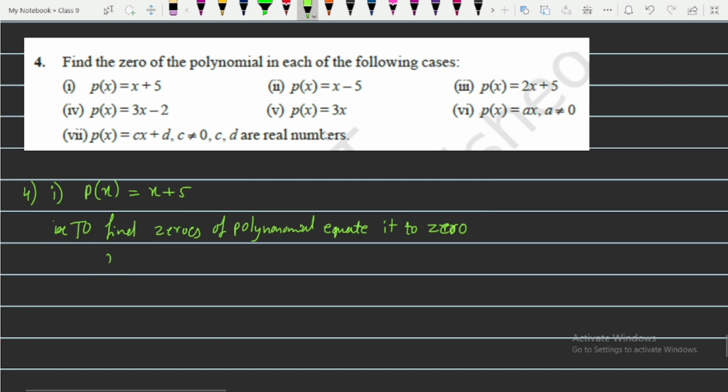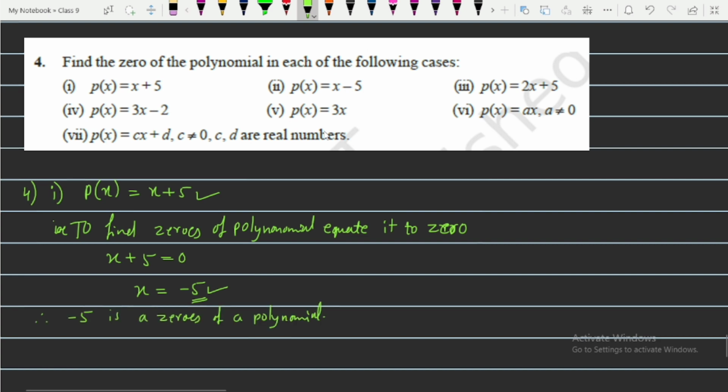So the value you will get is x equal to -5. See, when you put -5 in this polynomial, the value of the polynomial is coming 0. That is why this -5 is called a zero of the polynomial. Therefore -5 is a zero of the polynomial. Okay, yes, in this way you can find the zeros of a given polynomial.